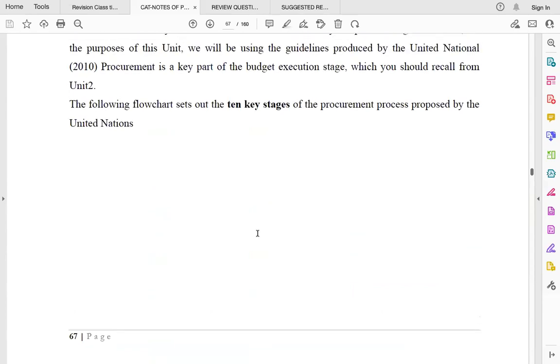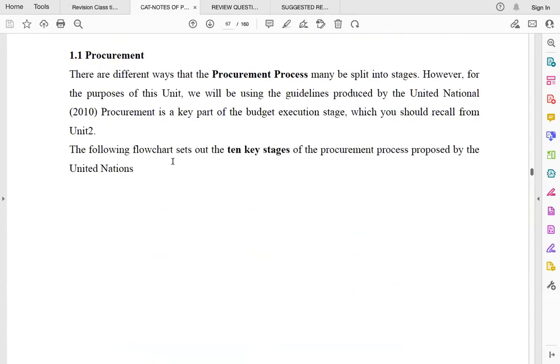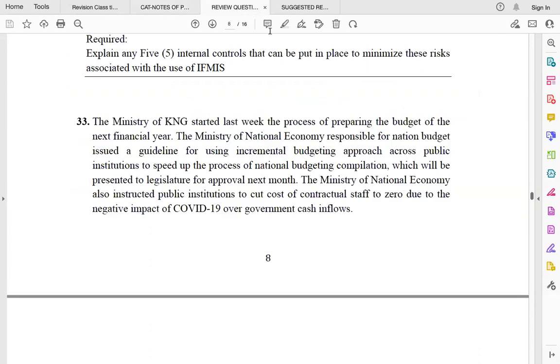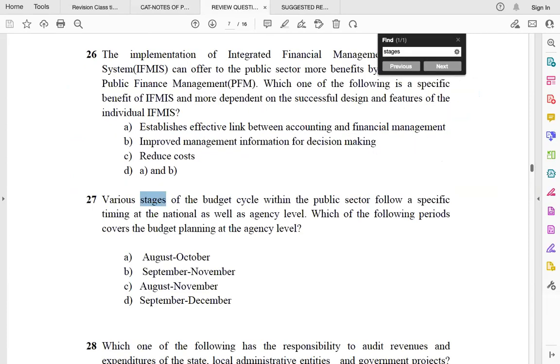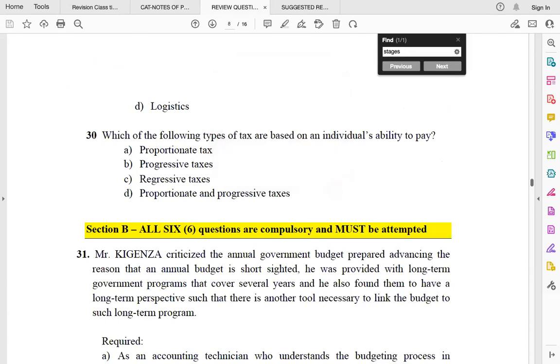Now, in an exam, the examiner may ask you to explain the 10 key stages of the procurement process. Let me see. Key stages. Is it there, for example?